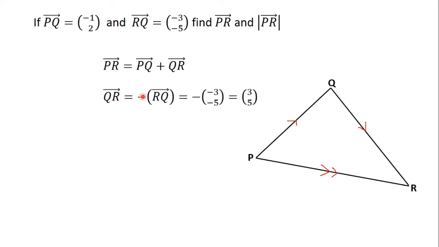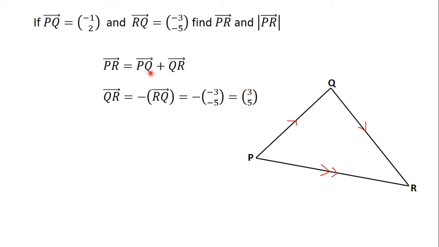So if you have RQ and you want to get QR, we can say that QR is equal to minus RQ, and RQ is -3, -5. So you negate the x component, but it's already negative. So minus -3 will give us +3. Then minus -5 will give us +5. So we have been able to find vector QR from RQ. So vector QR is equal to 3, 5.